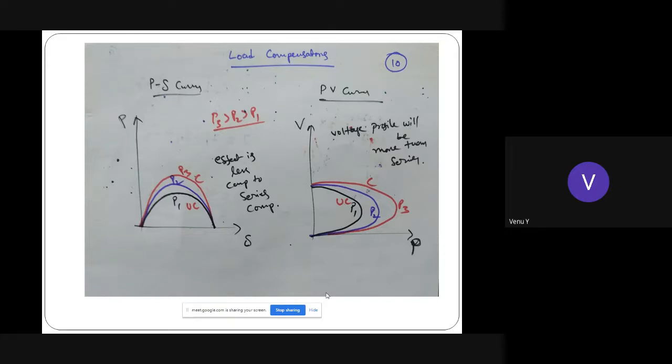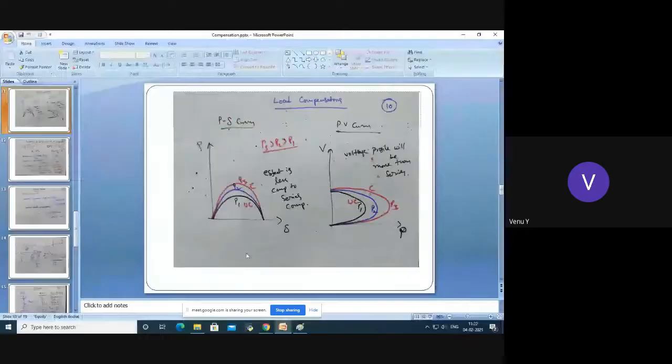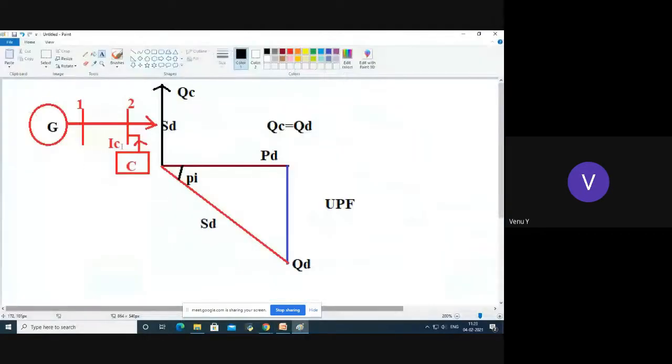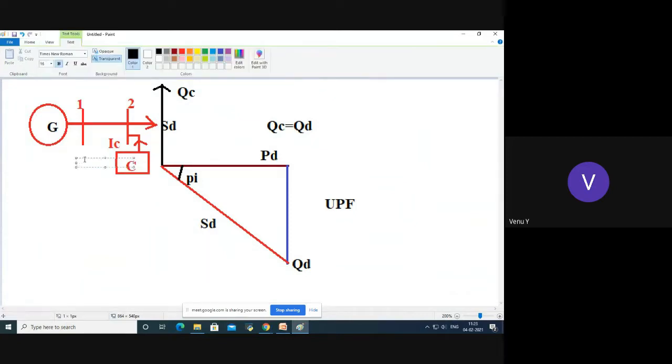V2 dash is the voltage improvement with the help of shunt compensator, and P3 is equal to V1 V2 double dash by X sine delta. So this is V1, and the voltage across the load bus is V2.